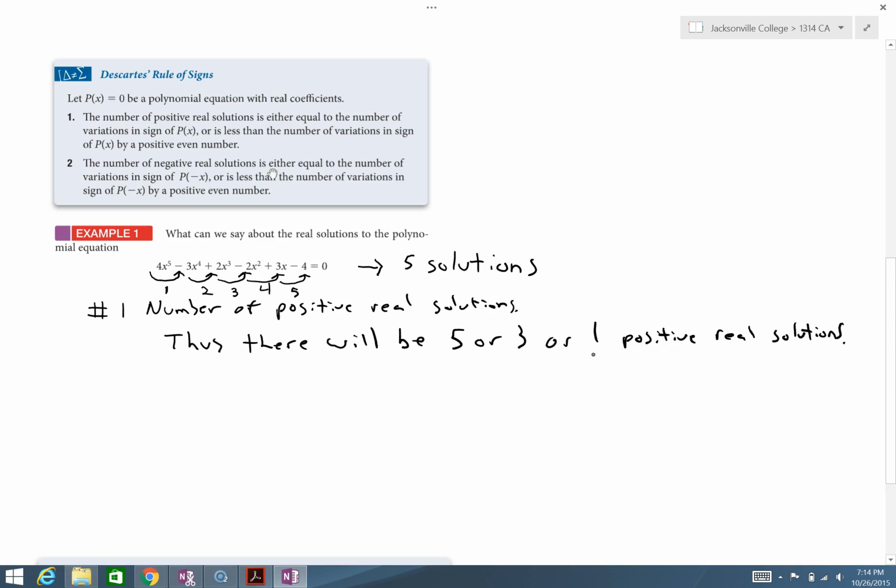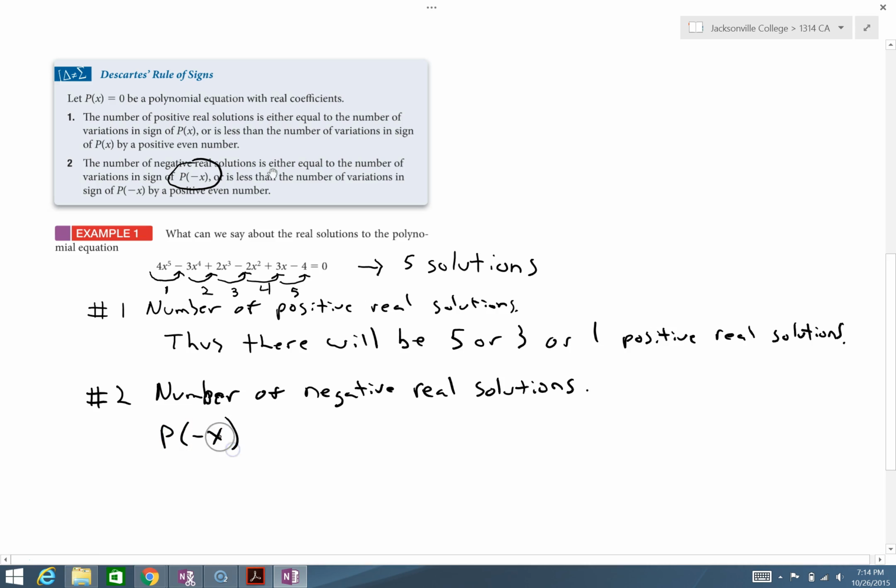All right, number 2. Now we're going to look at the number of negative real solutions. To find that, we must first evaluate p of negative x. Well, p of x is this, p of negative x. I'm going to substitute negative x every place I see an x.